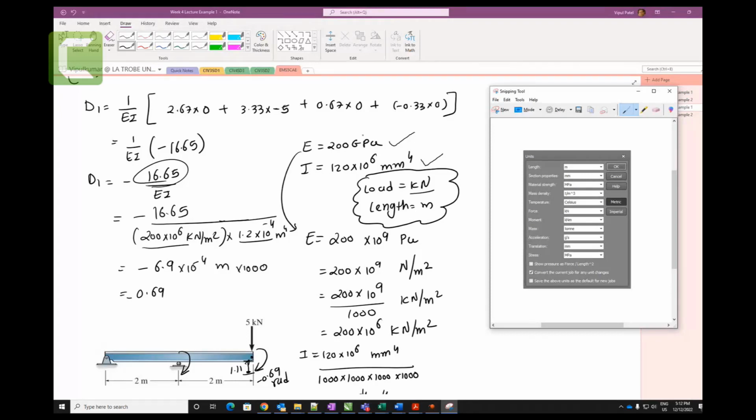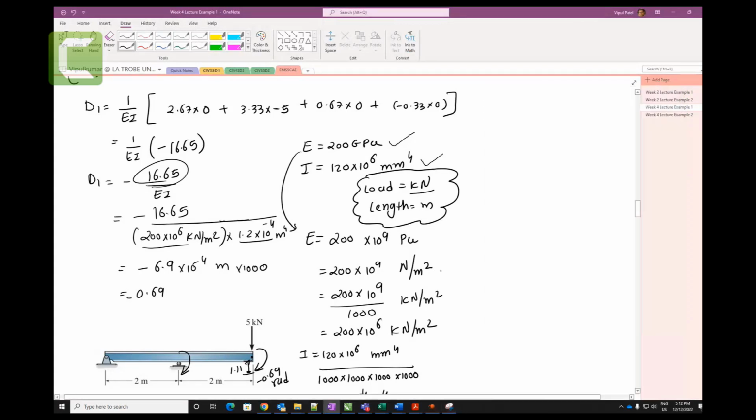If I want to have 200 kilonewtons, and megapascals meaning, we can do it from here: 200 times 10 raised to 6 times 10 raised to 3 Newton per millimeter square.